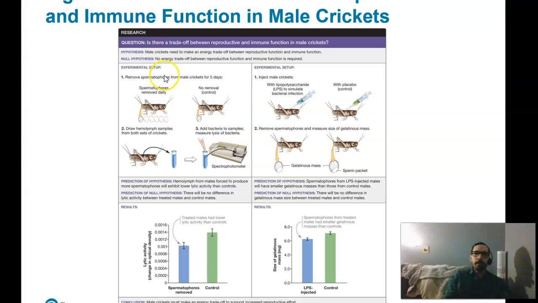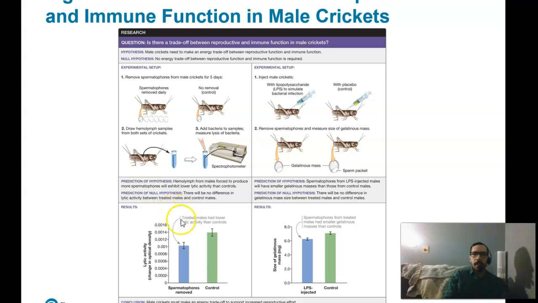So for these experimental setups, they took two groups, so one control and one where they removed the spermatophore from the crickets for 5 days. Okay. Then afterwards, they withdrew the hemolymph from the crickets. So remember, hemolymph is the blood equivalent for insects.